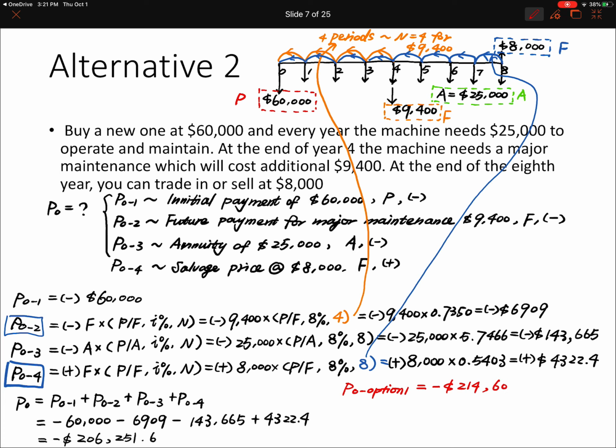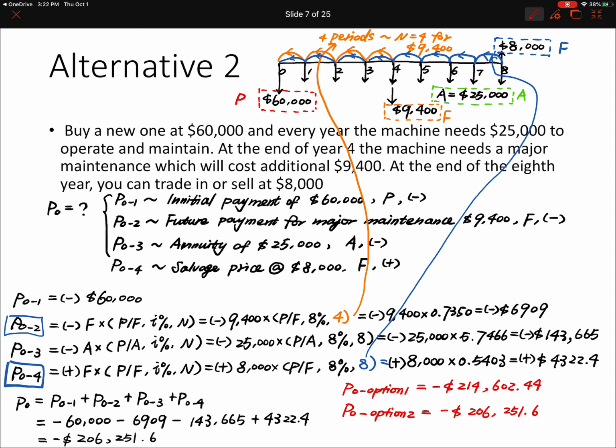Negative 214,602.44. P0 for option 2 is negative 206,251.6. Negative means it's a cost, okay? So if you want to choose which one is the better one, think about that.